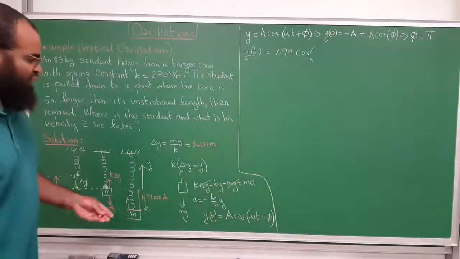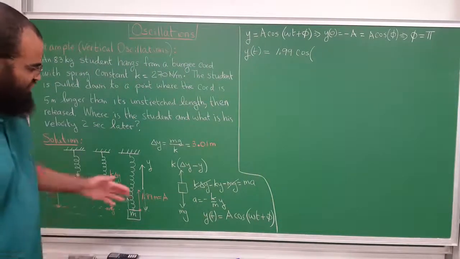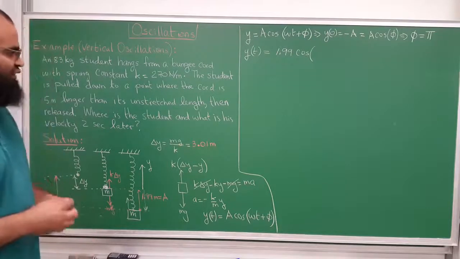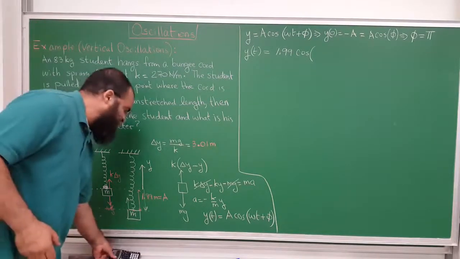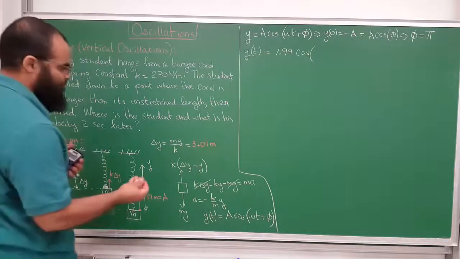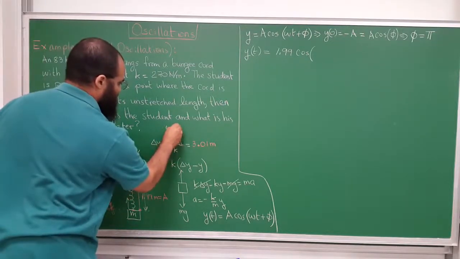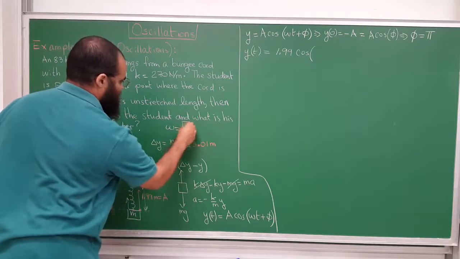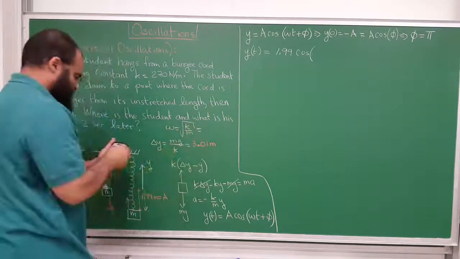And omega is the square root of k over m, right? And so let's quickly do that. K is 270, the mass is 83, so let's get omega. Omega is the square root of k over m. Let's just calculate it quickly.